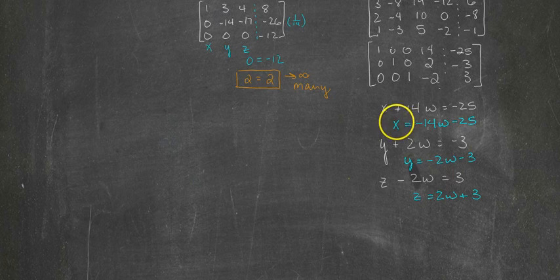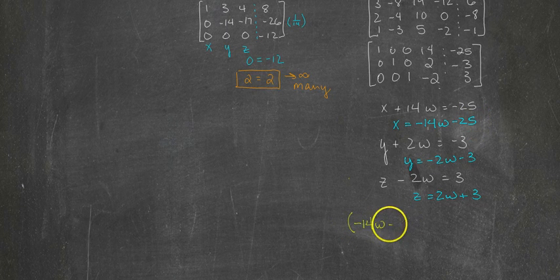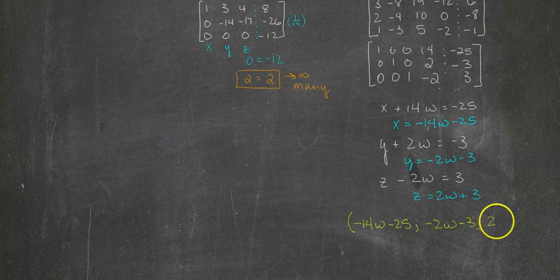And since I have something that represents x, y, and z, believe it or not, I can write this sort of as an ordered triplet. I could say x is minus 14w minus 25, comma, that's my x ordinate. My y would be negative 2w minus 3, and my z would be 2w plus 3.